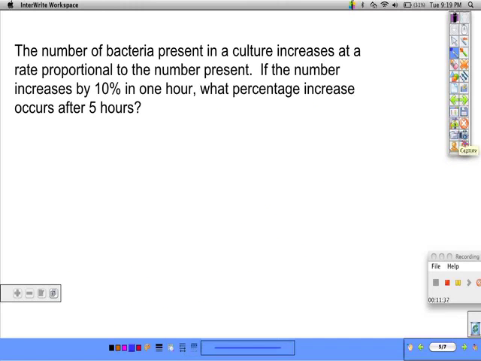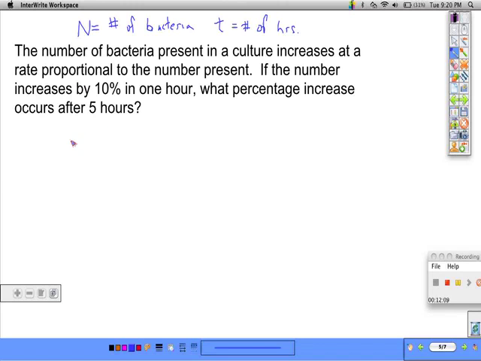This problem deals in bacteria, and I'm going to say that n is the number of bacteria, and t is equal to the number of hours that have passed. And it says that the number of bacteria is proportional to the number present.